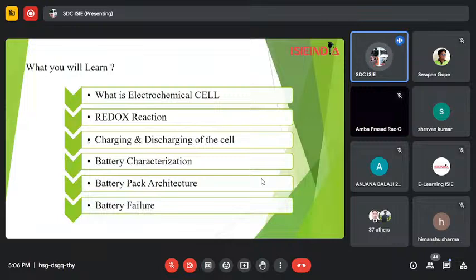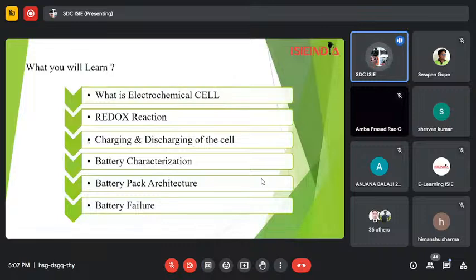Same as that, in an electric vehicle the battery pack is the fuel source. In this battery pack we are storing electrical energy, and that chemical energy is converted into electrical energy when we connect wires or terminals to it.